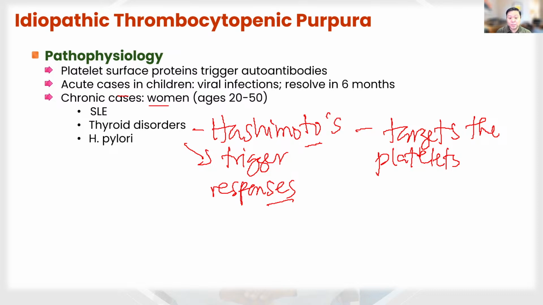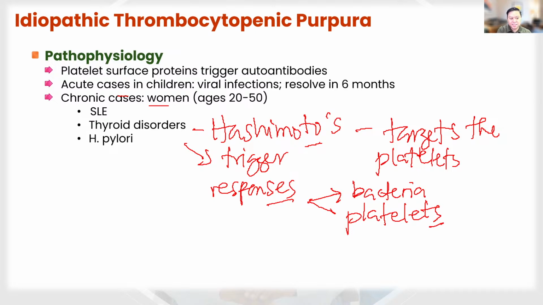It can trigger immune responses that can react with the platelets, and so it can result in the immune system attacking both the bacteria and the platelets, which will eventually lead to thrombocytopenia.